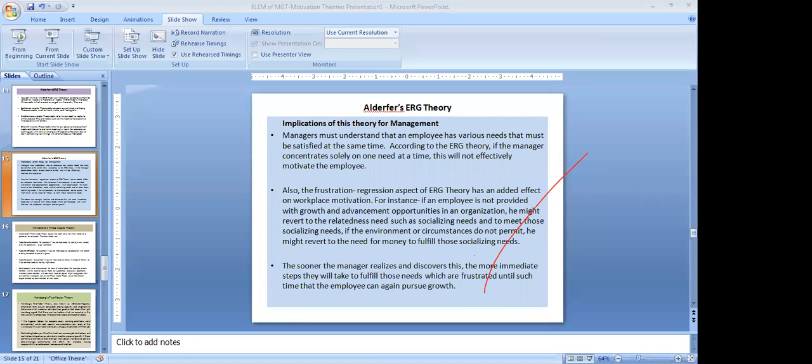So now he accepted a job which is lower than his previous job, meaning that he has regressed. Ordinarily, he should be seeking a higher position. Having been an editor, he should be seeking maybe to be managing director of a newspaper company.